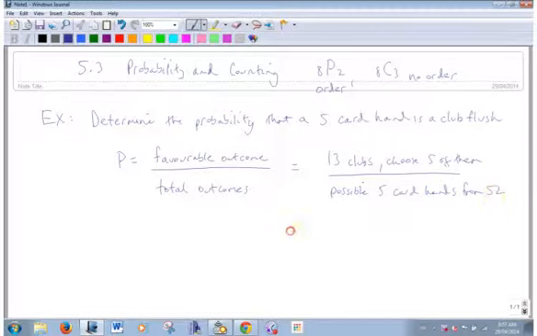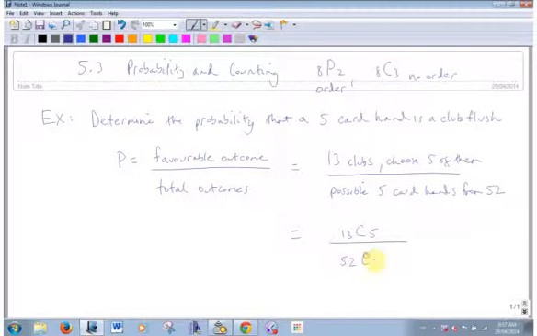So that's what we're doing. That's my favorable outcome. I want 5 of those clubs. And the possibilities, well, there's 52 cards in there. If you just choose 5 cards at random, 52 choose 5. Lots of possibilities. So that's 13 choose 5.